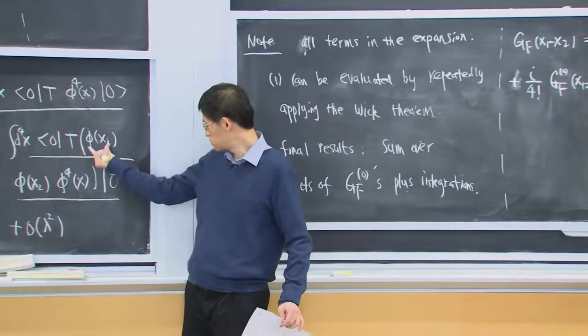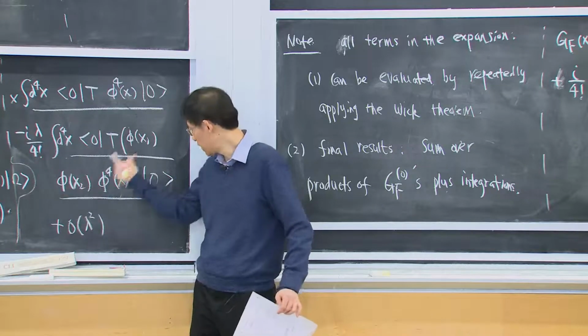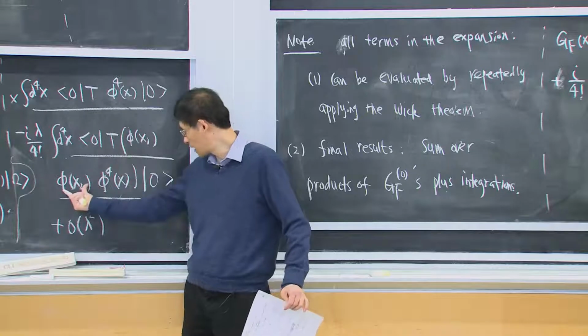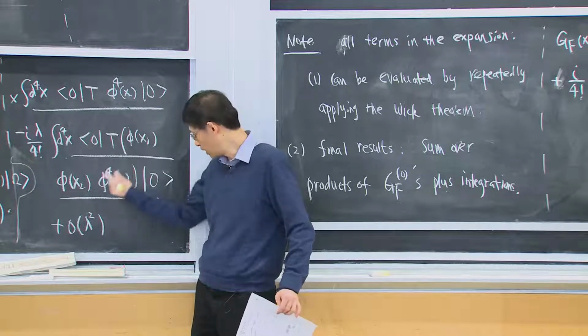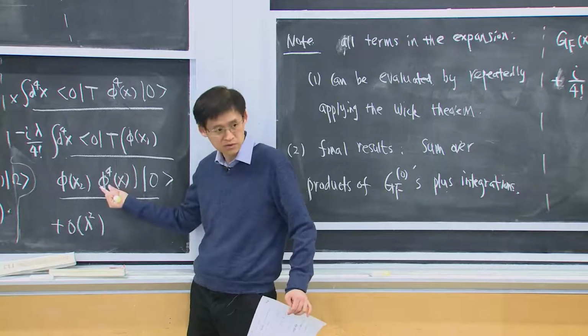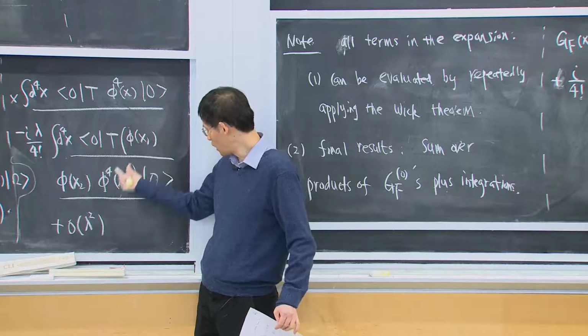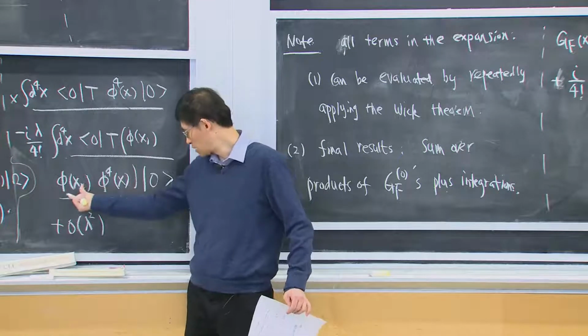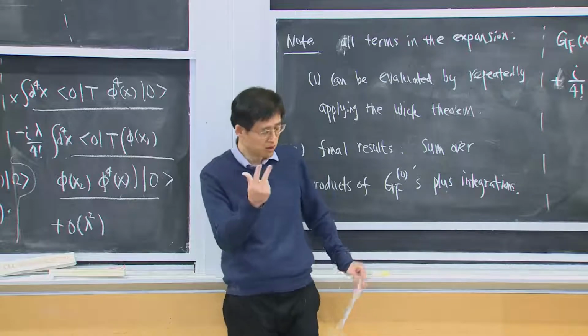Either phi x1 and phi x2 contract with each other, and the 4 phi's contract among themselves. Or if phi x1 contracts with one of the phi's here, then phi x2 also has to contract with one of the phi's here. So you have 2 possible patterns for contraction.